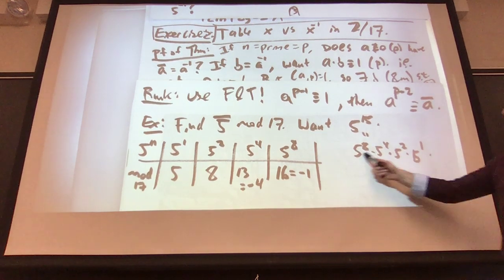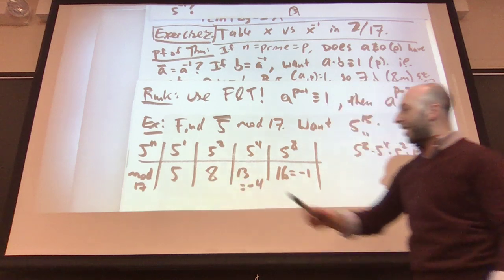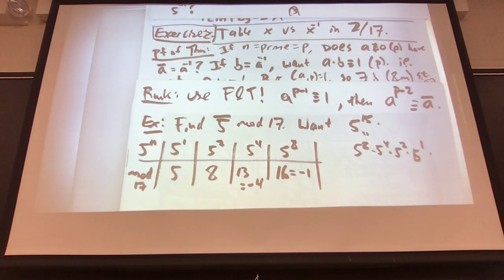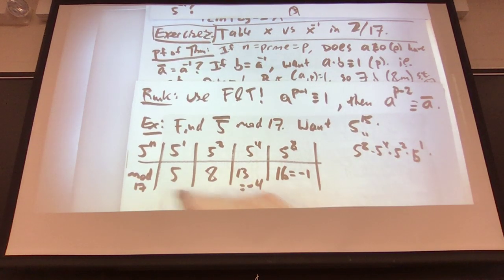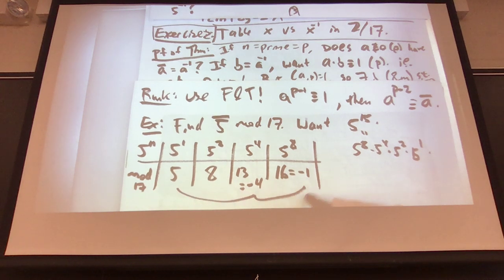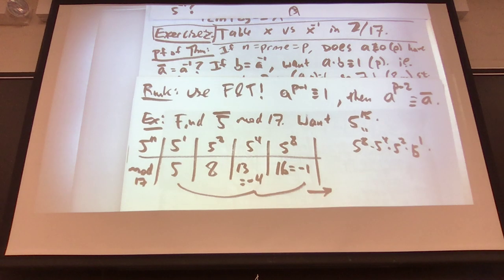So this is not hard to multiply all together. I just need to multiply all of them together. Let's see, what's easy to multiply together? 5 times 4 is easy. 5 times 4 times negative 1 is easy to multiply together. Negative 4 times negative 1 is 4. 4 times 5 is 20, which is 3.